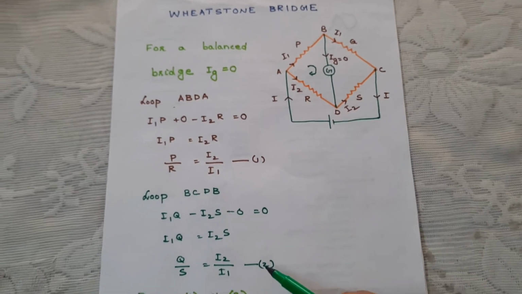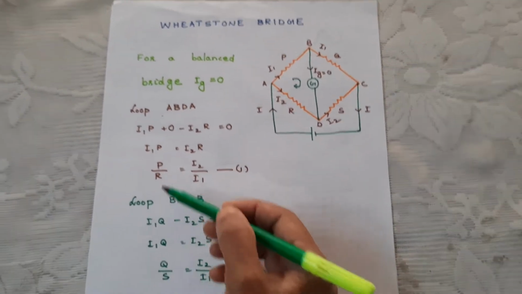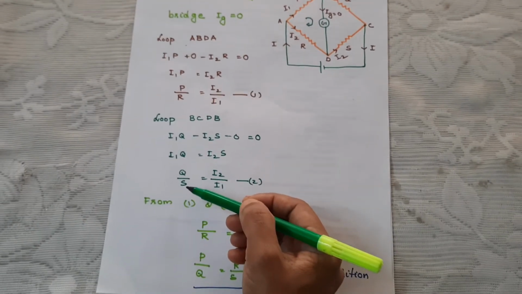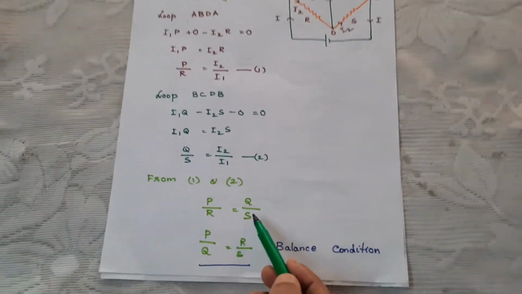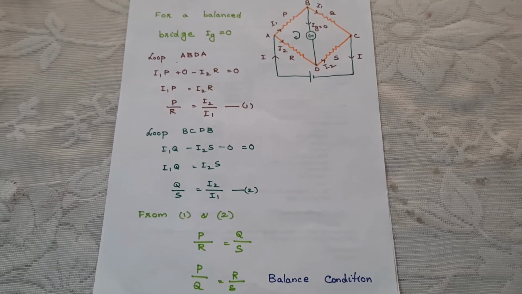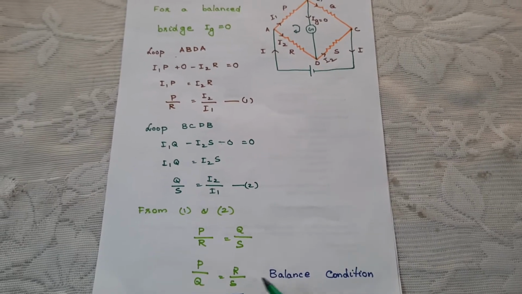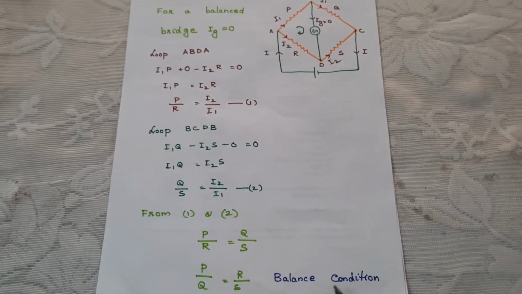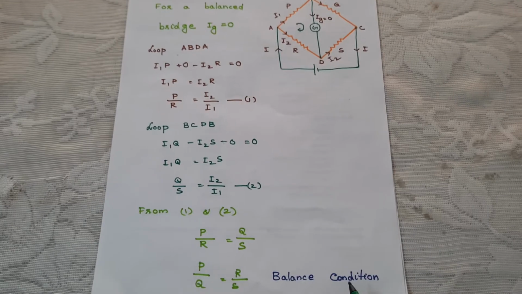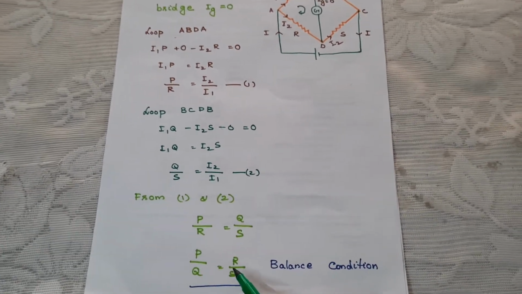Comparing 1 and 2, since the right hand side is same, we can equate the left hand side. So P by R is equal to Q by S, or P by Q is equal to R by S. This balance condition provides a practical method for determining the unknown resistance.